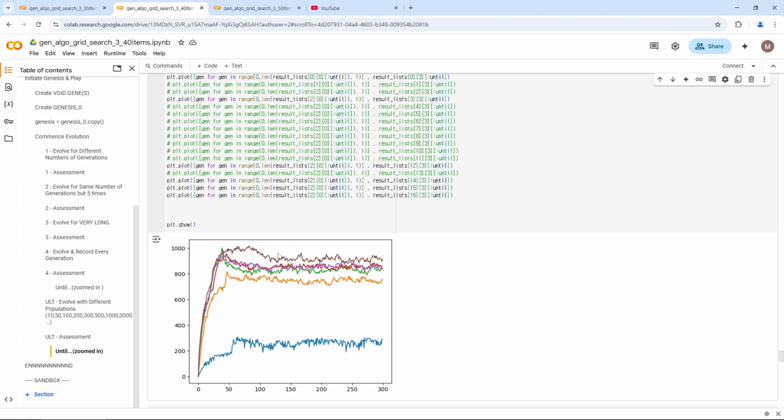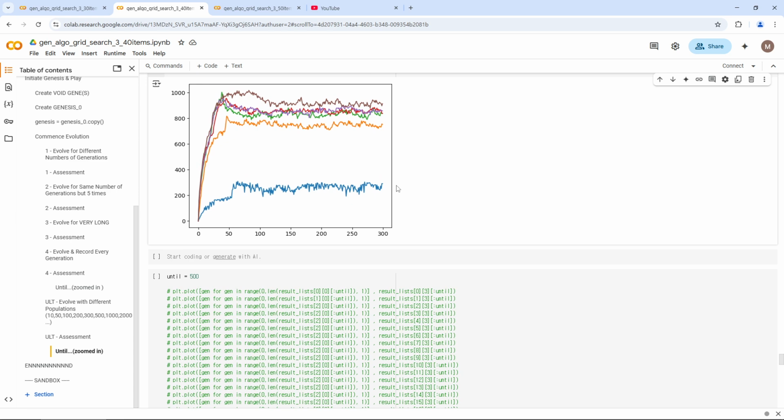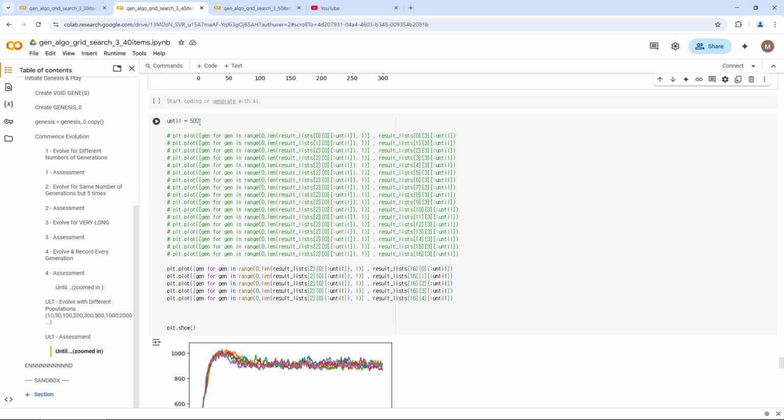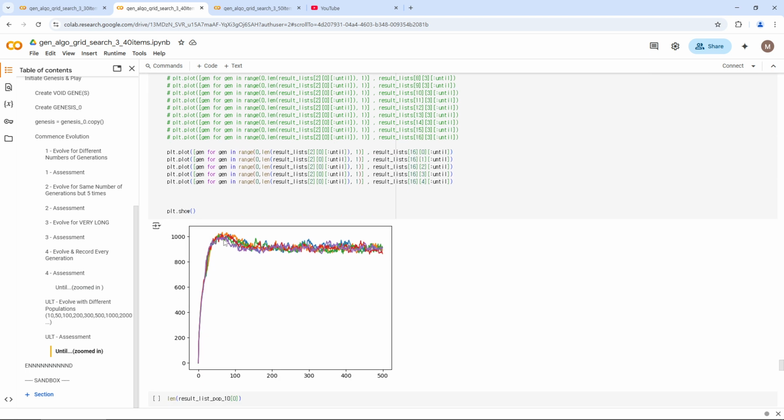So it might make sense to think that more population means a smaller dip. So I made another notebook to experiment on that, but not in this notebook. And if we plot it until generation 500, we still see the dip.